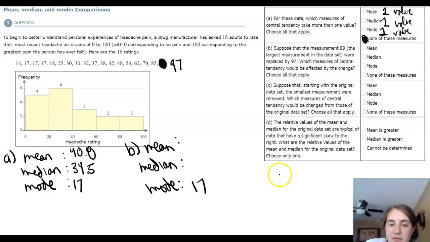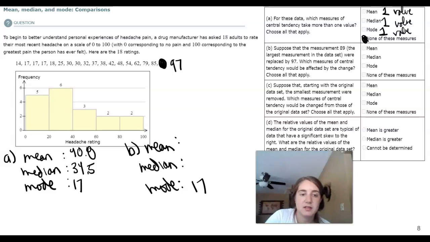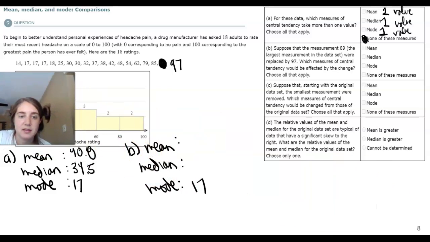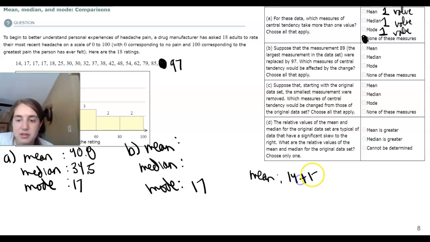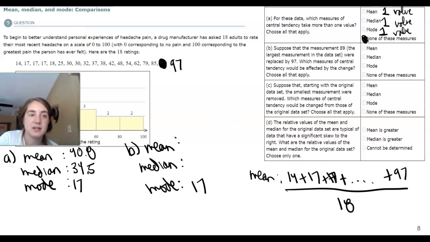To find my mean, I'm going to add my 14 plus 17 plus 17 all the way up to my plus the 97 divided by 18.